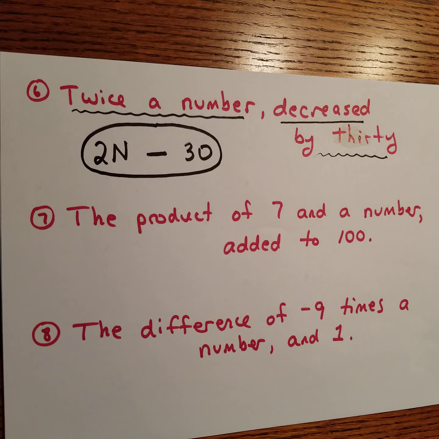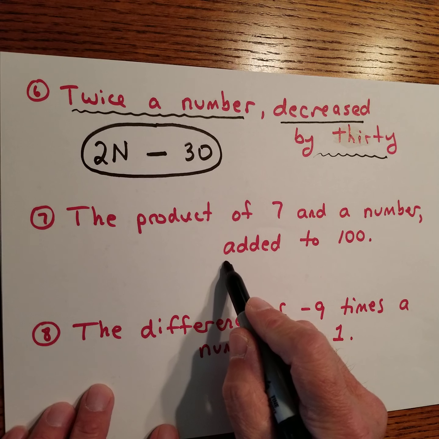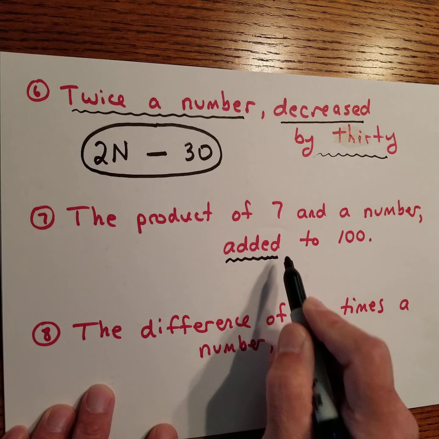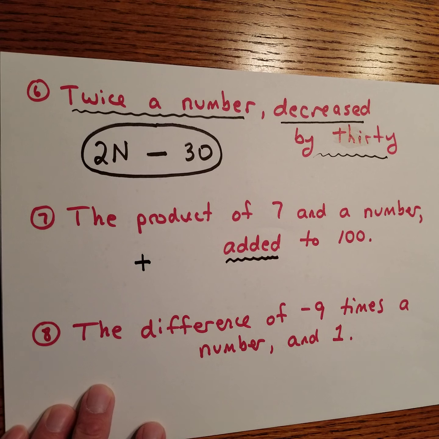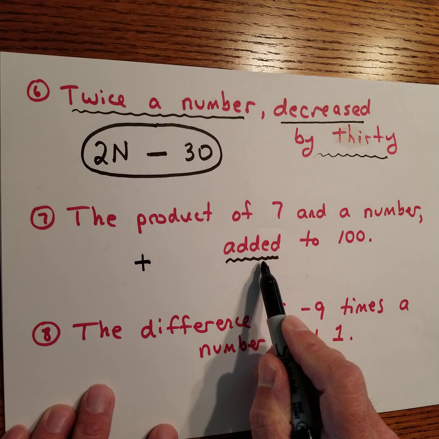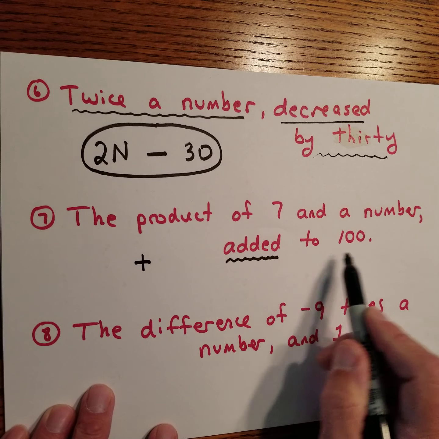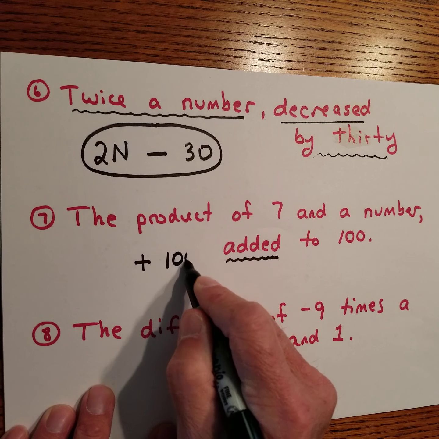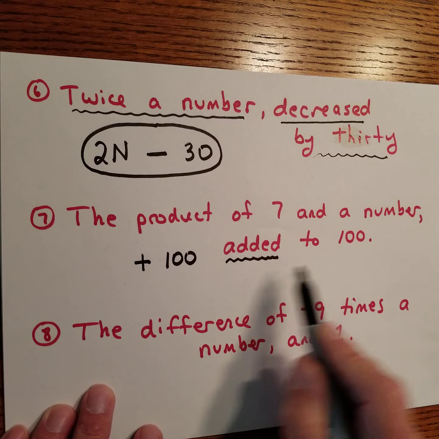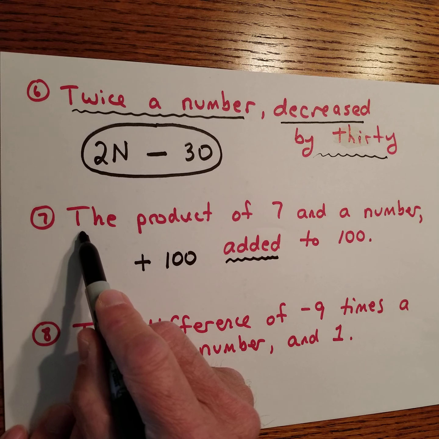Read through number 7 and find your math words. And the word I focus on first is added. Added to what? After the word added comes 100. I'm adding to 100. What am I adding to 100?